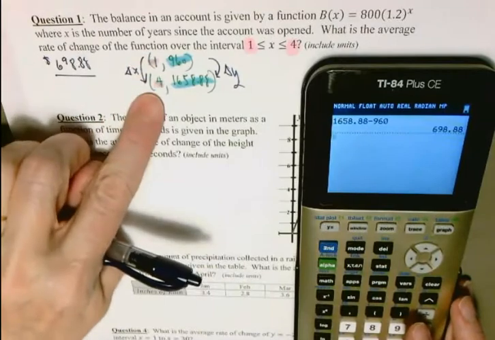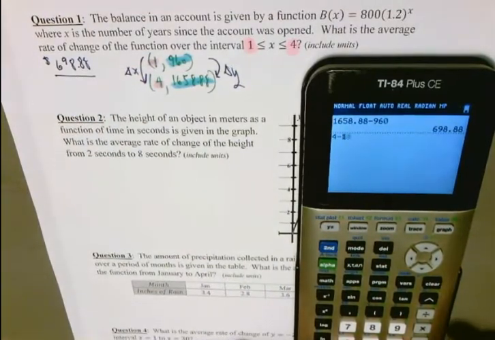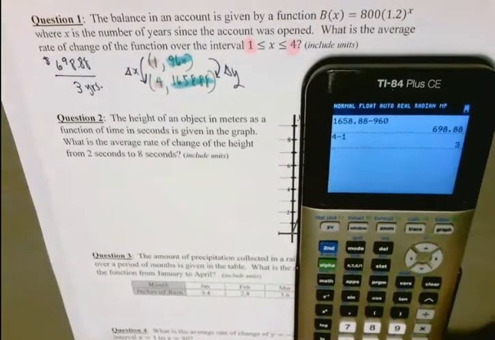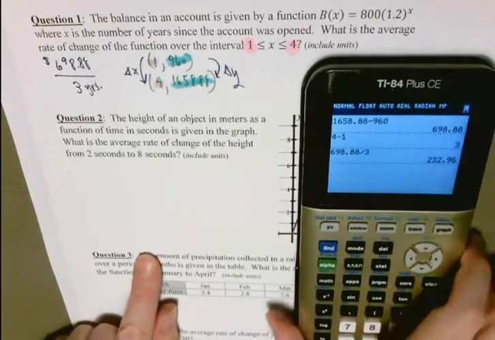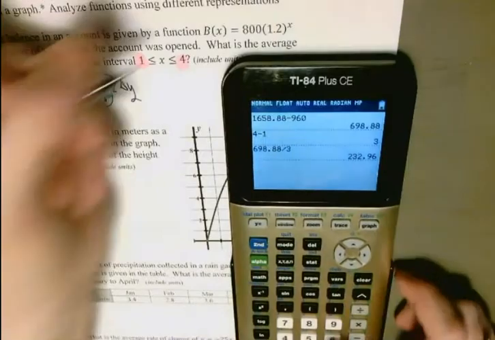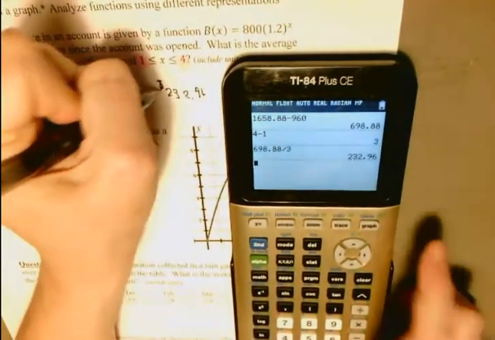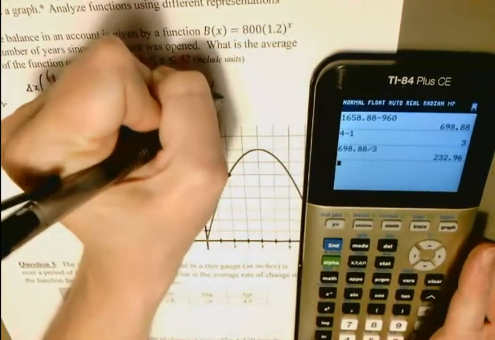And then your x's are 1 and 4, so 4 minus 1 is 3. And this represents years. Divide the number 698.88 by 3. And your answer is $232.96 per year.